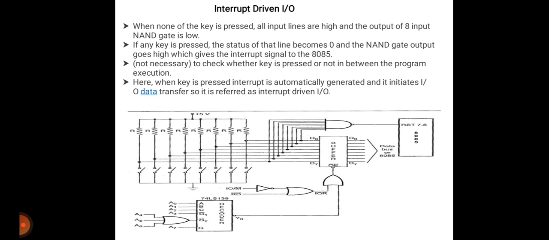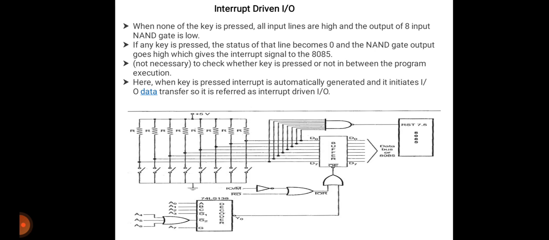Then the microprocessor executes the interrupt service routine to check which key is pressed. In this system, it is not necessary for the microprocessor to check whether a key is pressed in between the program execution.